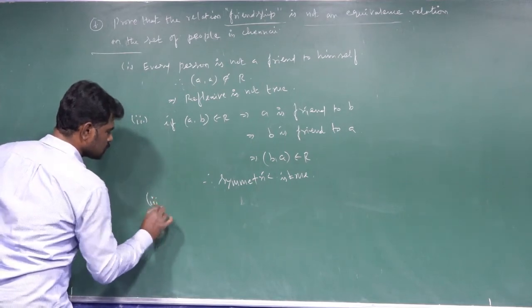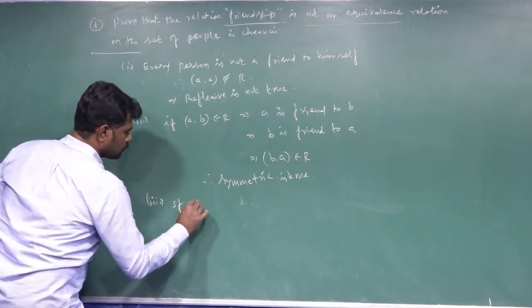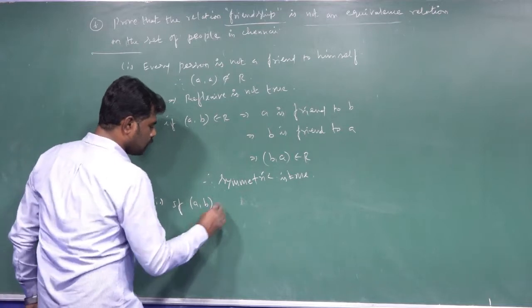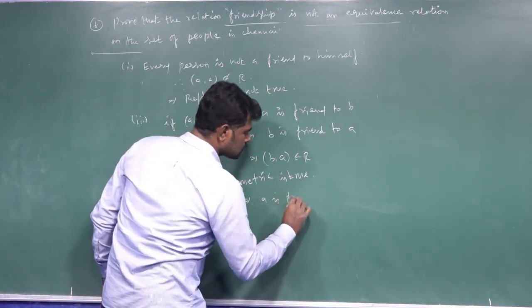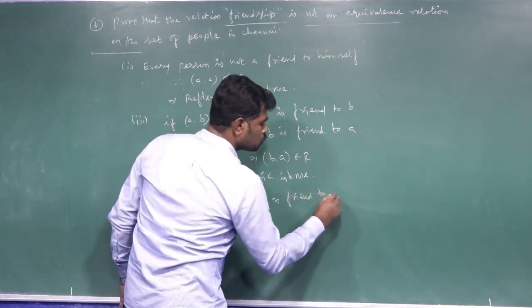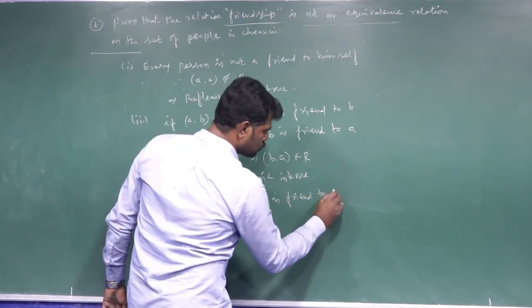Then the third case, if A comma B belongs to R, this implies A is friend to B. That is true.